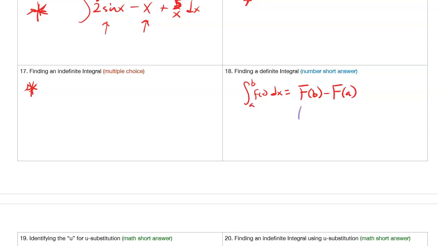And again, we've been doing that these last handful of days, so it's probably fresher in your head. And you would integrate with power rule or natural logs or e's or sines or cosines.